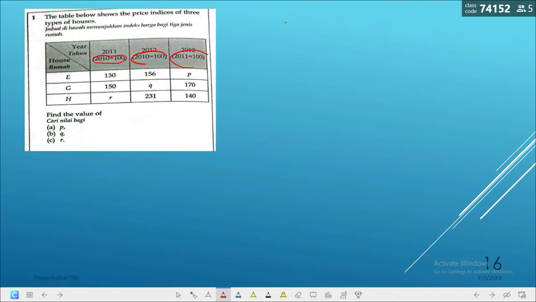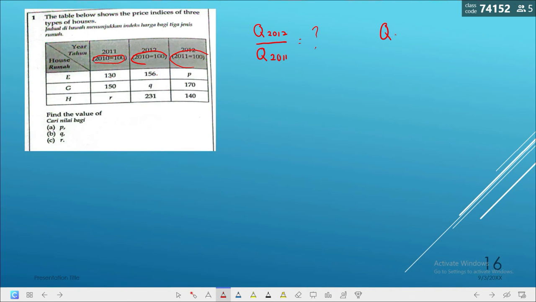So the value of P is for 2012, and the base is 2011, right? So you need to find the index. Let's see what info is given here. For Q, we already know 230 and 150, right?